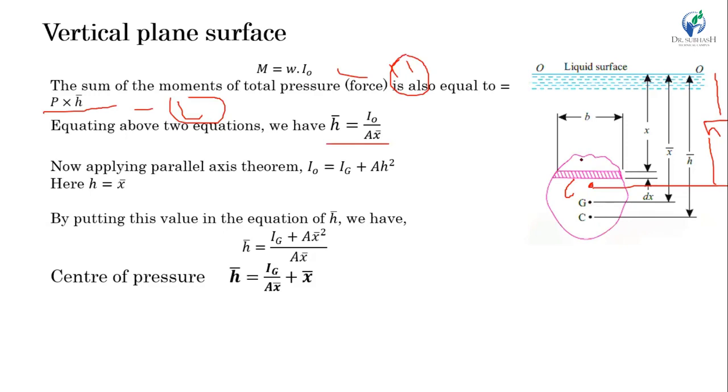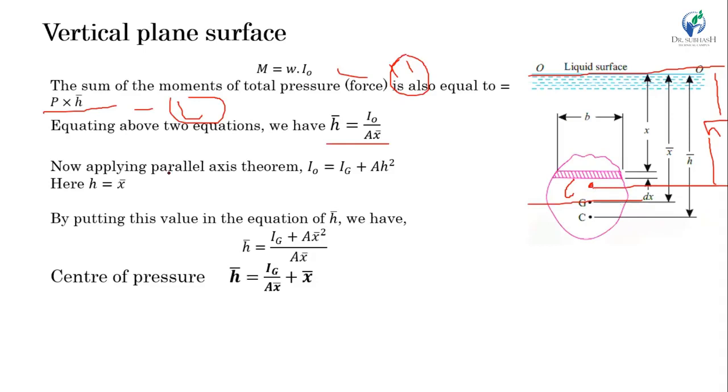So it is better to have an equation which gives the moment of inertia about the axis passing through the CG. This is the moment of inertia about the free surface of liquid, but we are interested in calculating the moment of inertia about the center of gravity of the area.